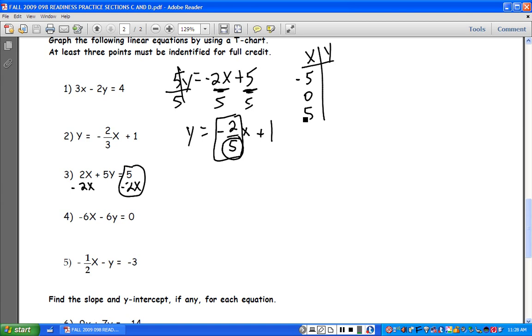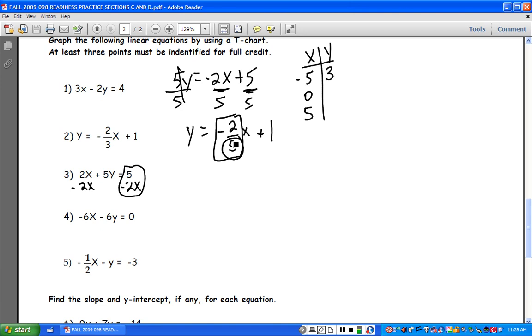Okay, so when x is a negative 5, then negative 5 times negative 2 is a positive 10. 10 divided by 5 is 2. 2 plus 1 is 3.